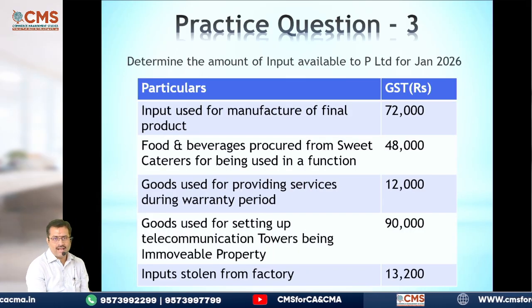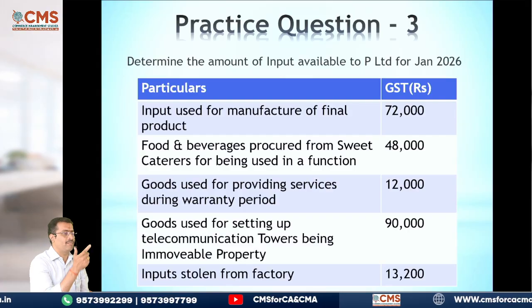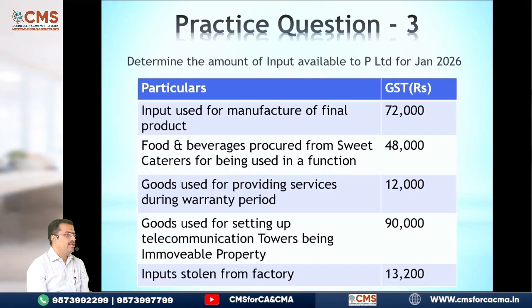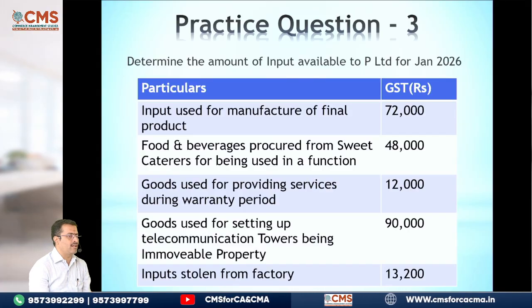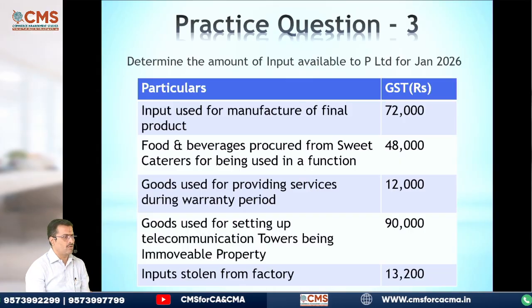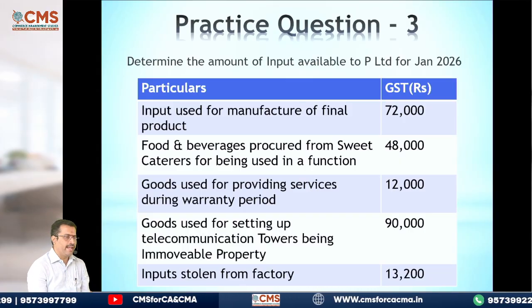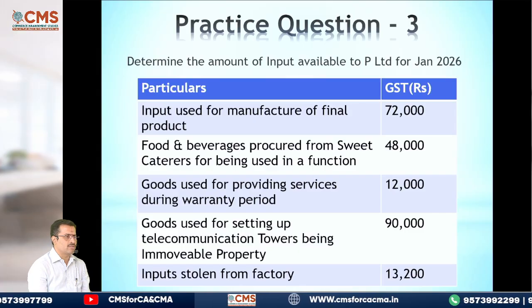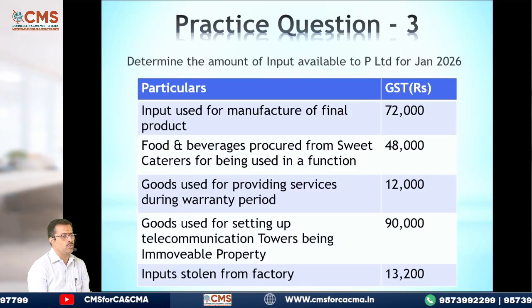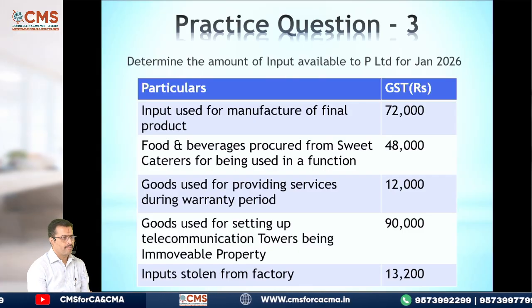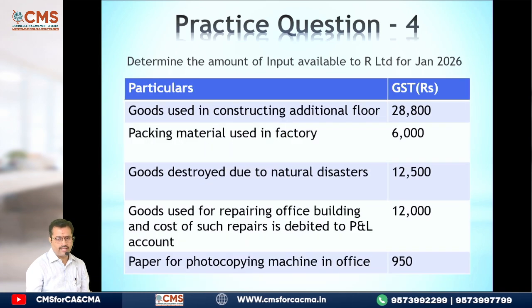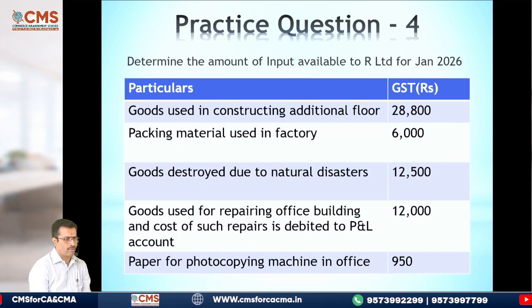That's why it will be available. Just now we have seen the exception for plant and machinery. Last, input stolen from the factory. It is not available. So what will be the answer here? 72,000 plus 12,000, 82,000 plus 90,000, which will become 1,72,000. Everyone clear? Yes?